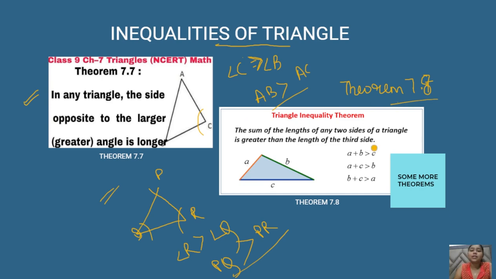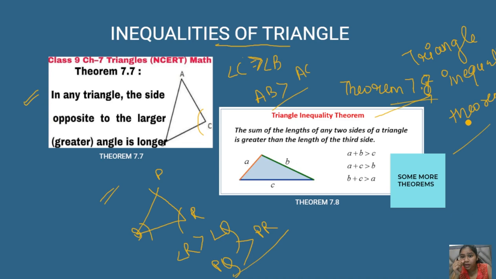Let's have a look at the last theorem of this chapter, which we also call the triangle inequality theorem. What is the triangle inequality theorem? Basically, it suggests that the sum of two sides of a triangle is always greater than the length of the other side. Let's suppose there is a triangle ABC.